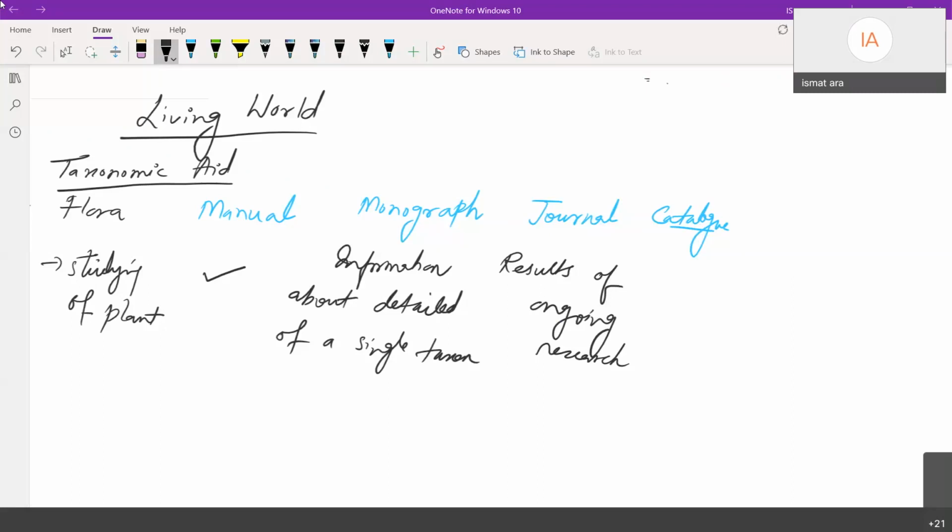And catalog means here you are arranging the species in alphabetical manner.